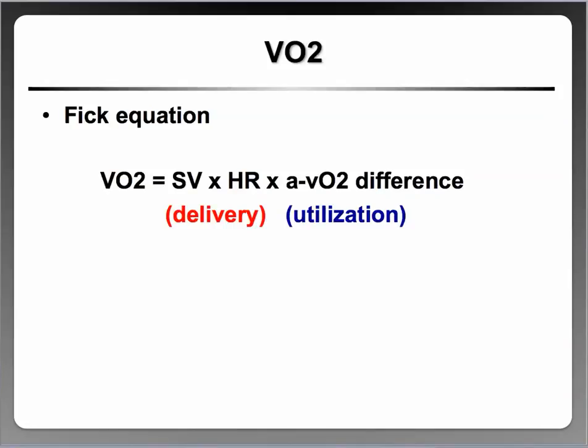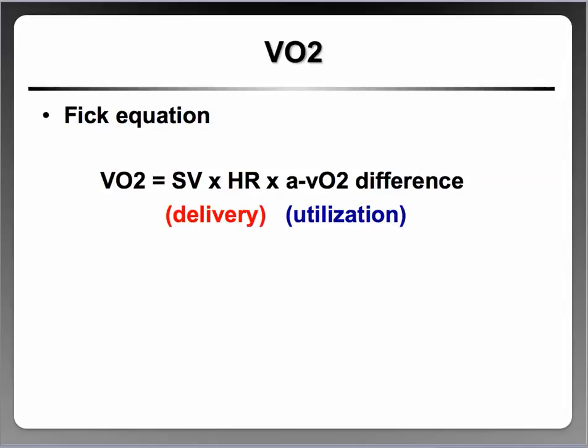And oxygen consumption, we can put into an equation, something called the Fick equation, that hopefully you recognize from your undergraduate exercise physiology classes. And this is where oxygen uptake is equal to stroke volume times heart rate times the AVO2 difference. And if you look at this, you can break it down into two different components essentially.